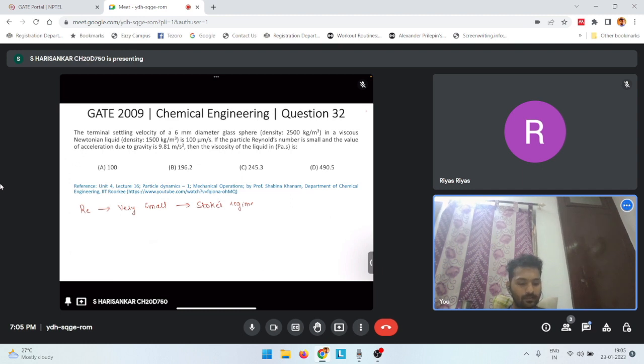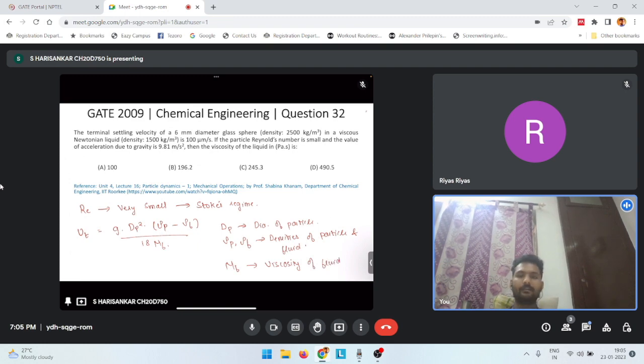And in the Stokes regime, the terminal settling velocity ut can be written as g into dp square into rho p minus rho f by 18 mu f, where dp is the diameter of the particle, rho p and rho f are the densities of particle and fluid, mu f is the viscosity of the fluid, and g is the gravity.